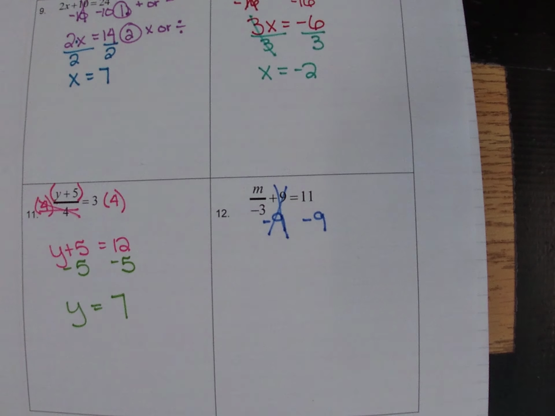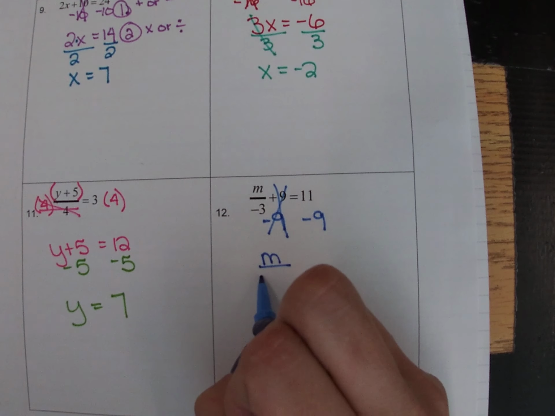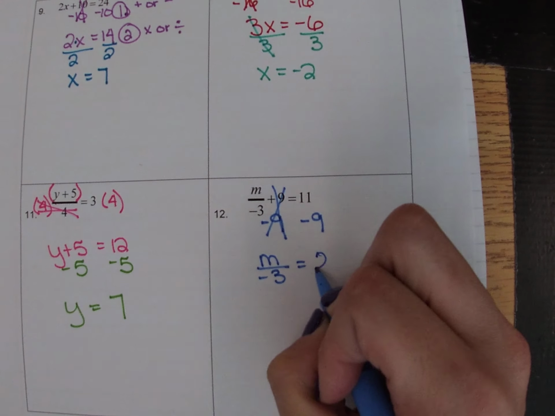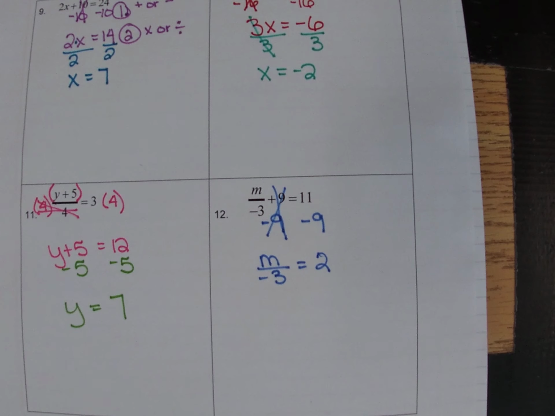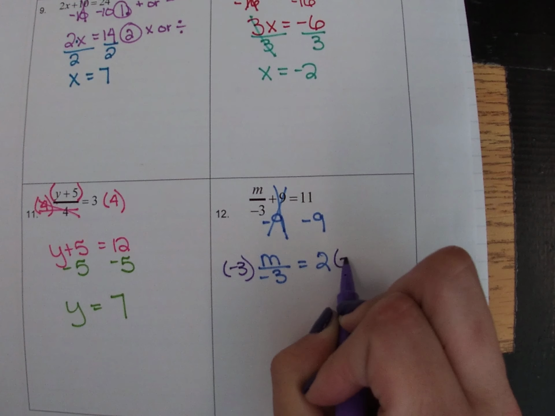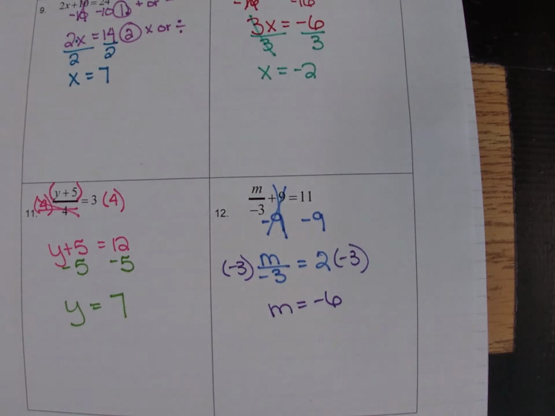So those are going to cancel each other out. I then have an m over negative 3, and 11 minus 9 gives us 2. And then our final step is we will undo our division with multiplication. And so we will get m equals negative 6.